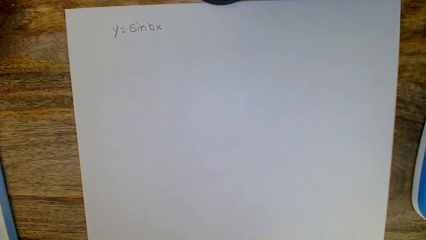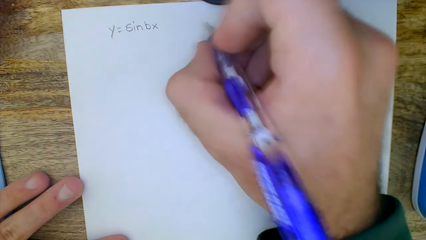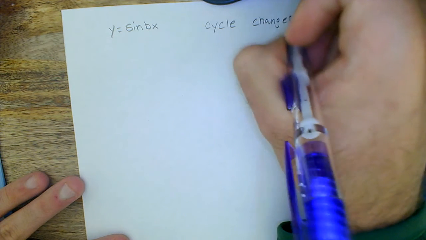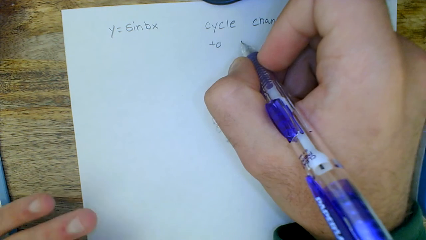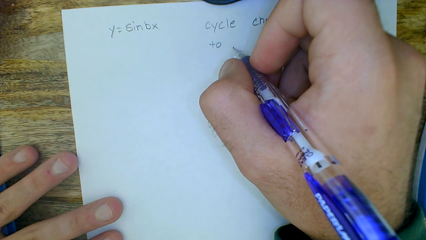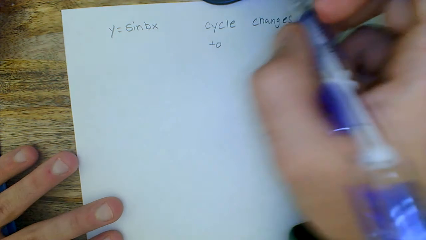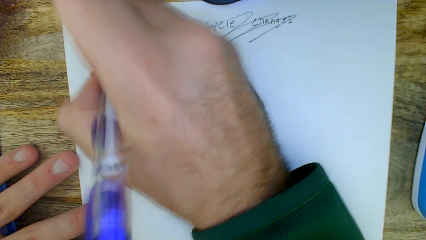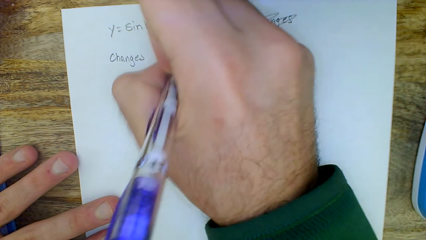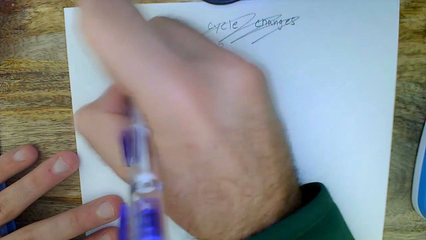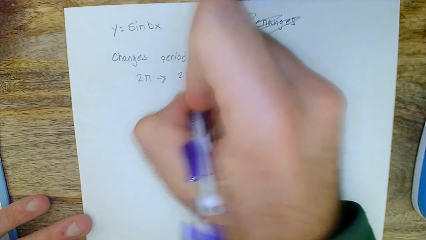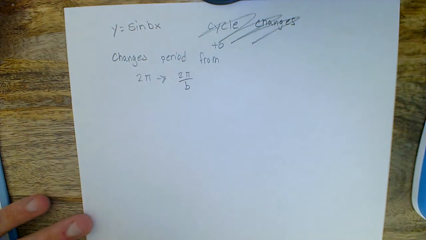The sine of b times x changes your cycle, or changes your period, from 2 pi to 2 pi divided by b.